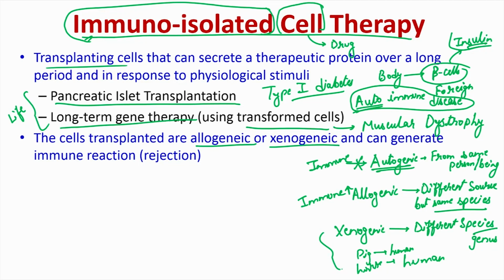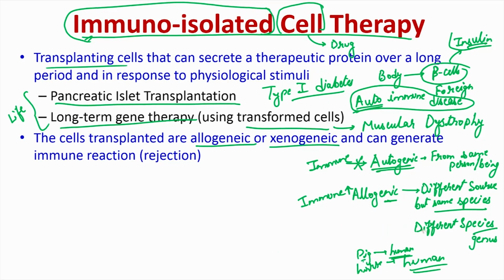Because they are so different from your original species, the pig cells have a lot more differences than a human cell. Even though allogenic cells are still not from the same person, they are very close to what you have in your body, but xenogenic is so far away that the immune response goes much higher, and this is the most difficult to get accepted in the body. So, that is what allogenic and xenogenic mean.